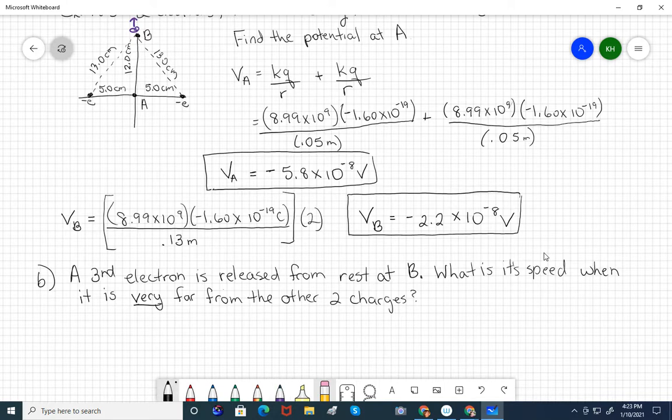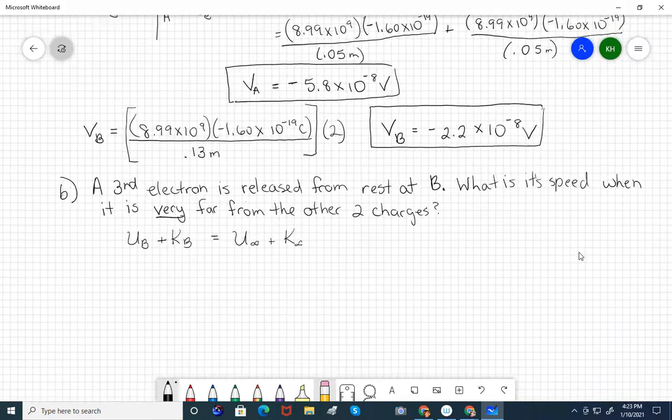Same thing we did. Let's use conservation of energy. We know it started from rest at B. So we had the potential at B plus the kinetic energy at point B. And then what do we mean by very far away? Why do we think of being kind of infinitely far away? You can't get any farther away than infinity.